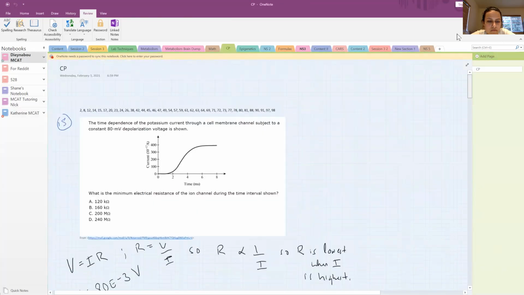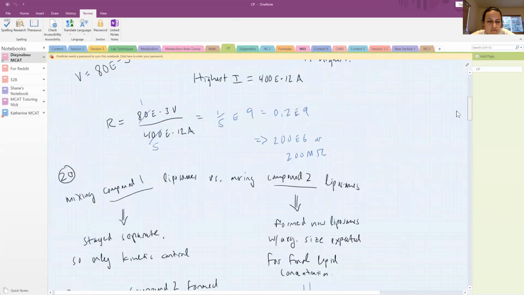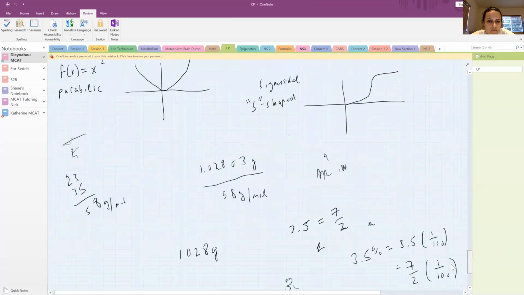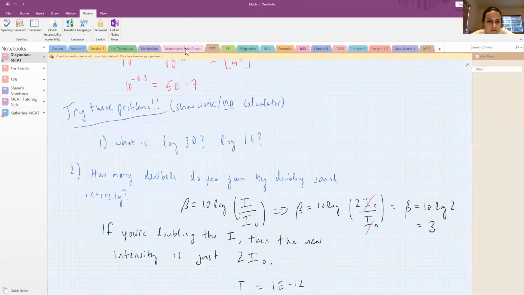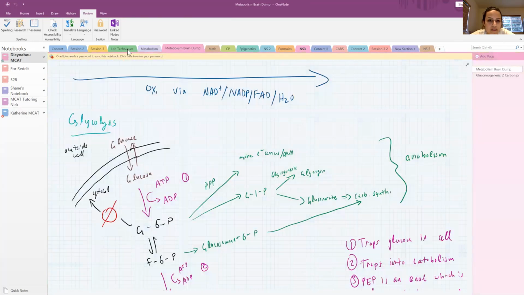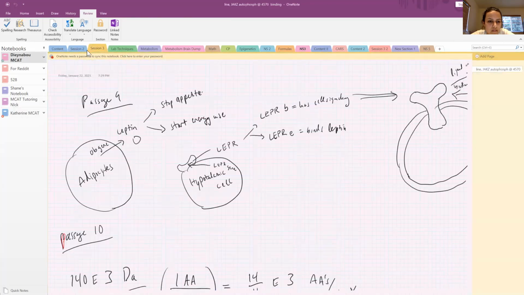Oh, you know what? This is right after the problem that we just did. Okay, so energy, like magnetic waves and things like that. If I go to UWorld, let me see something.